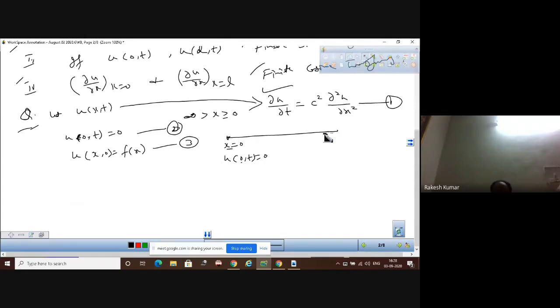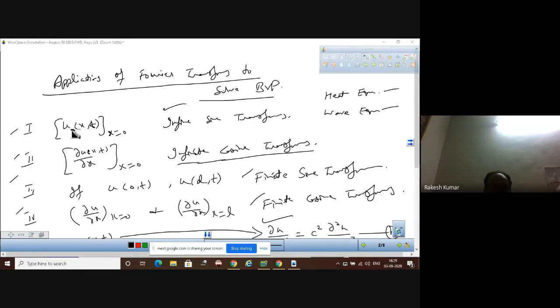Now if you see what is given to us, the value of u(x,t) at x equal to 0 is given. You just see the first point which we have noted, that u(x,t) at x equal to 0 is given, and we need to apply the infinite Fourier sine transform.